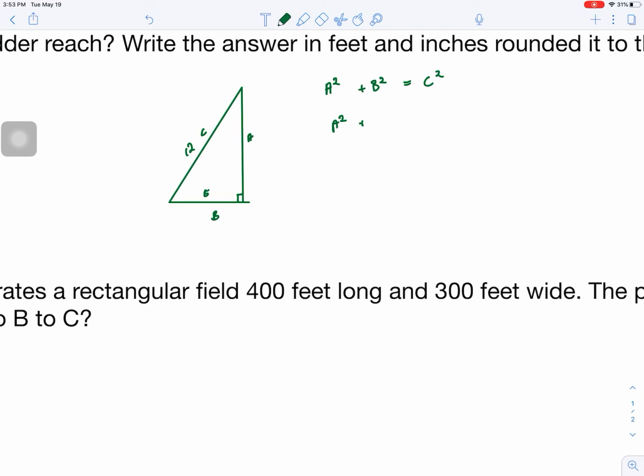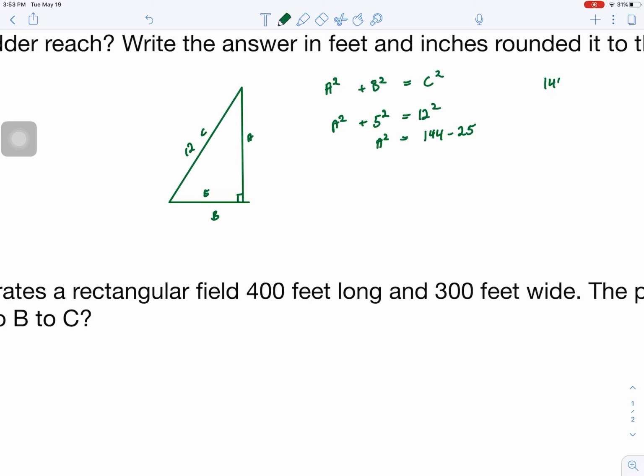A squared plus 5 squared equals 12 squared. So really we have A squared being 144 subtract 25.